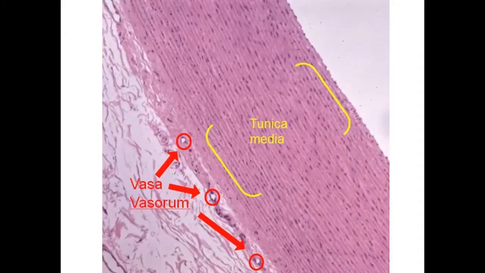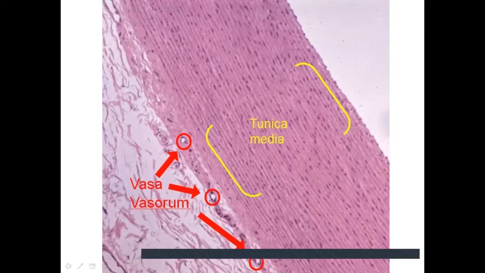And here's another example. Again, endothelium on the inside, just one single layer of cells, represented here by several nuclei, difficult to see the cytoplasm there. Here's the media.